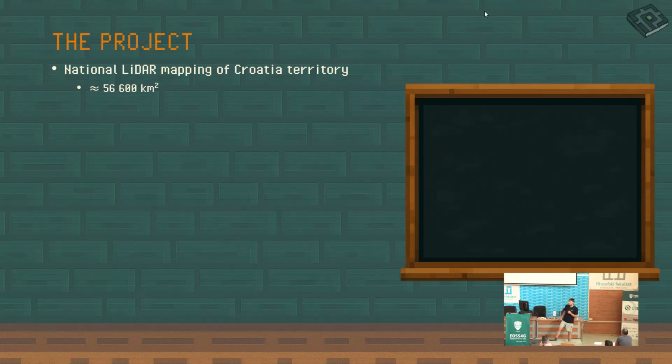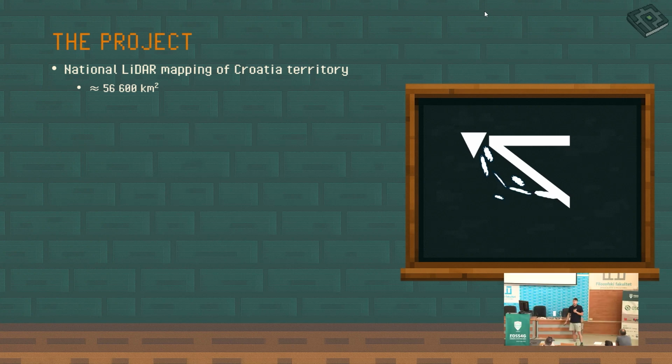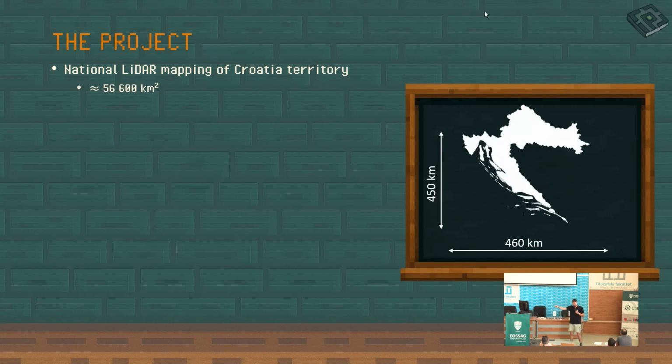So let's use the blackboard. How do we get the shape of Croatia? You take the letter V, you rotate it, you add a triangle, which is the Istria Peninsula. You put in about 1,200 different islands. Oh yeah, you split it down here. And you stretch it in width, height about 450 kilometers, and bada bing, bada boom, you get Croatia.